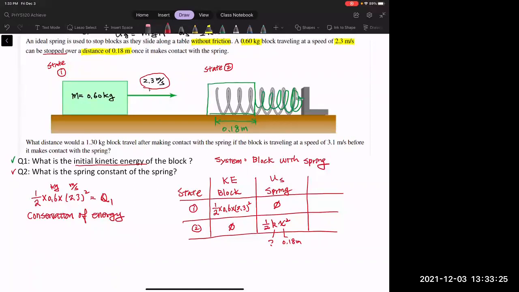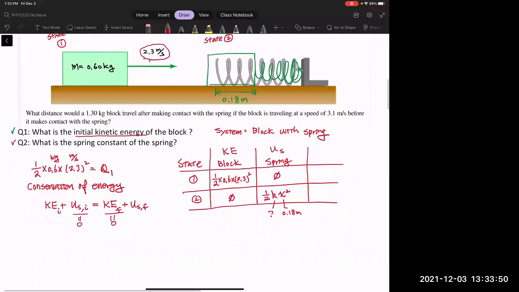The conservation of energy means the initial kinetic energy plus initial spring energy equals the final. There are a lot of things equal to 0. We know this one equals 0, this one equals 0.